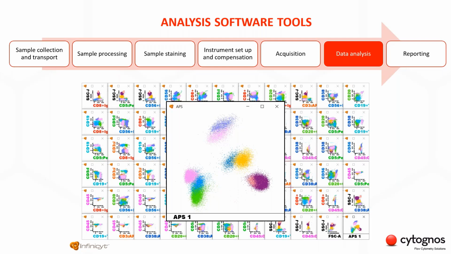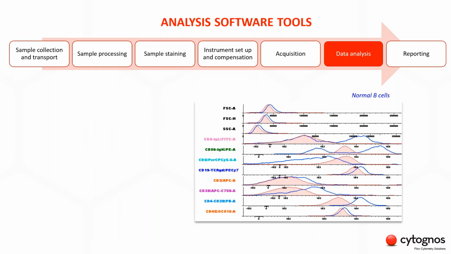And this way we can discriminate populations with a very similar phenotype that can go unnoticed if we just look at the 2D plots. We can check the complete immunophenotype of a target population versus the normal control.